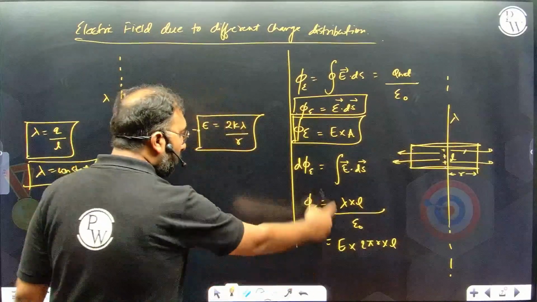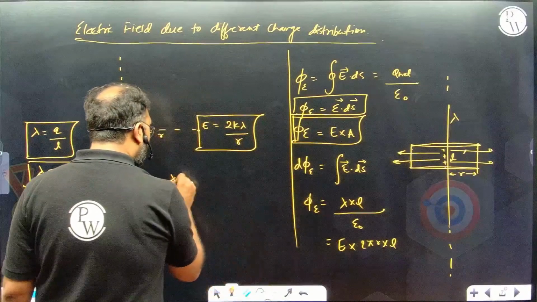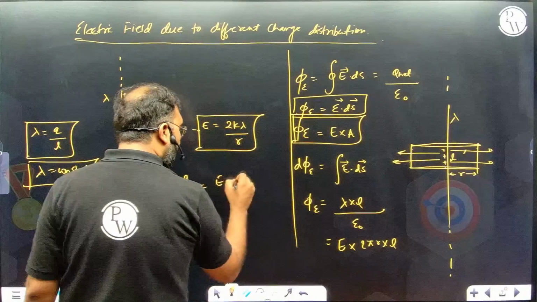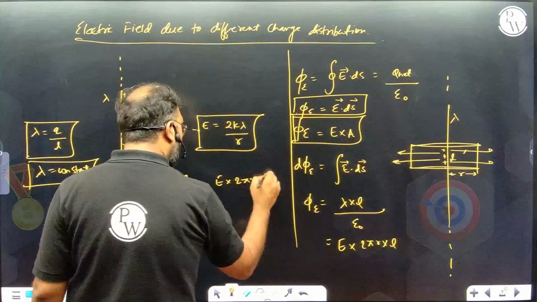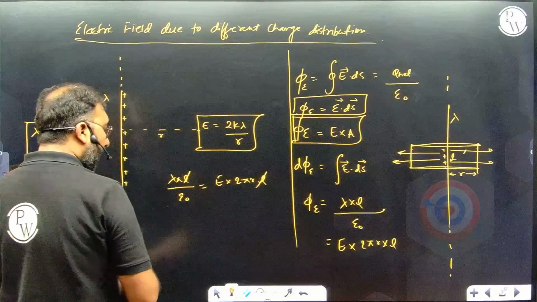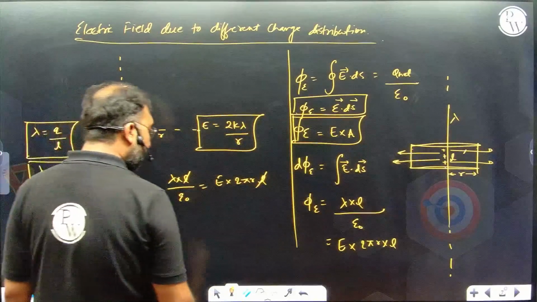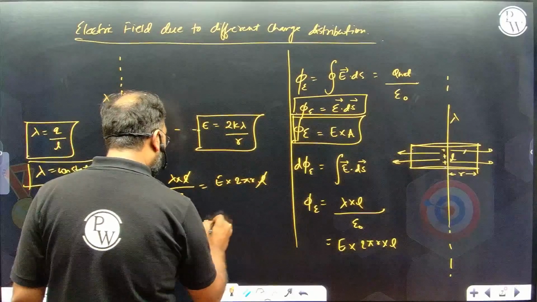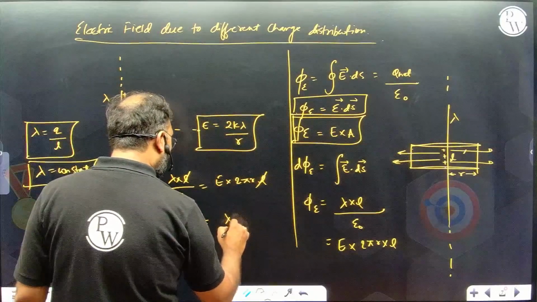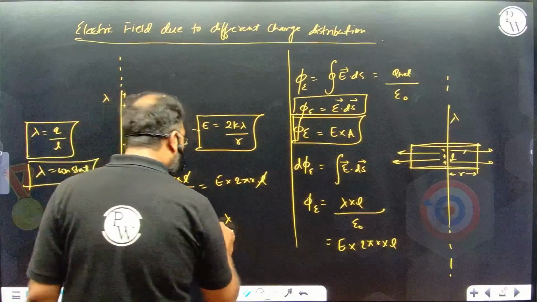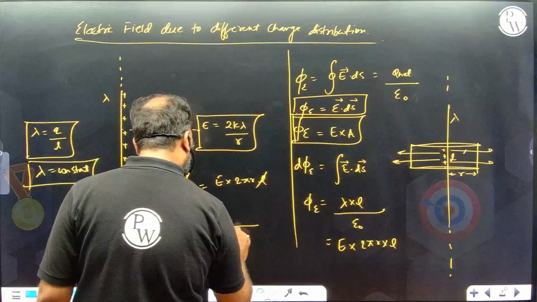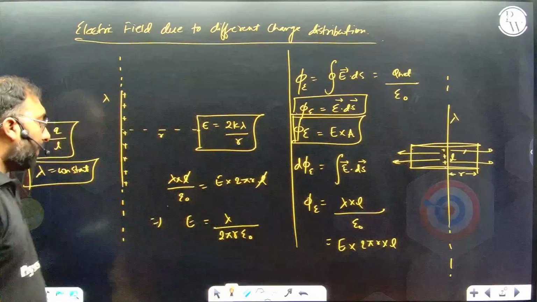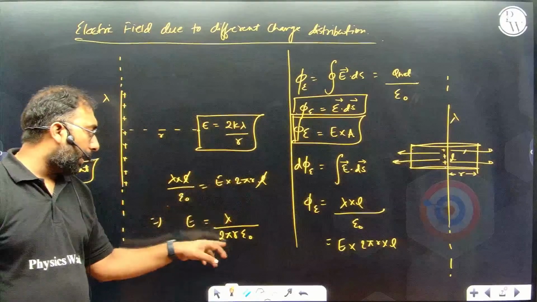Now equating these two terms, I am getting what? Lambda into L by epsilon naught equals E multiplied by 2 pi r into L. L will get cancelled. And what I am getting is E equals lambda divided by 2 pi r epsilon naught.